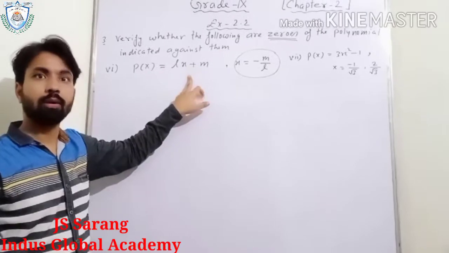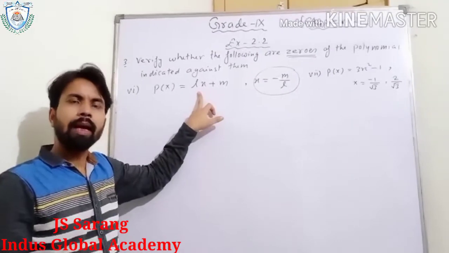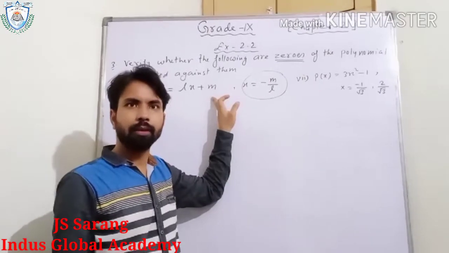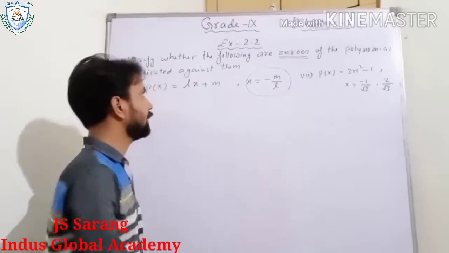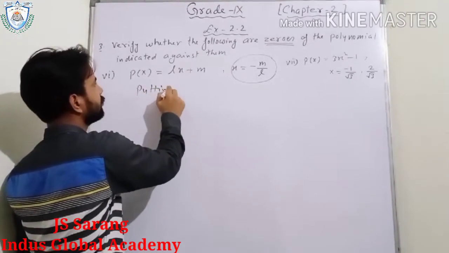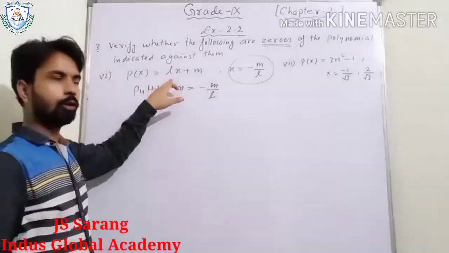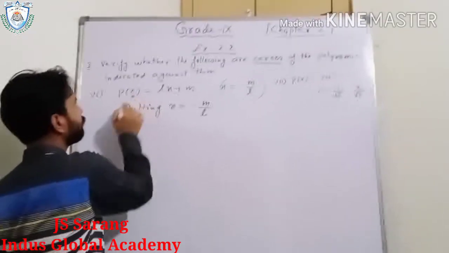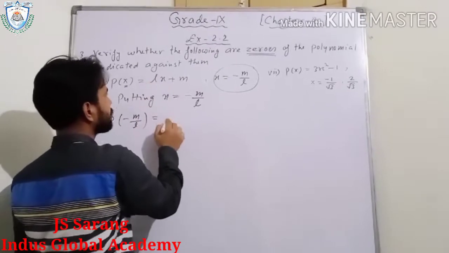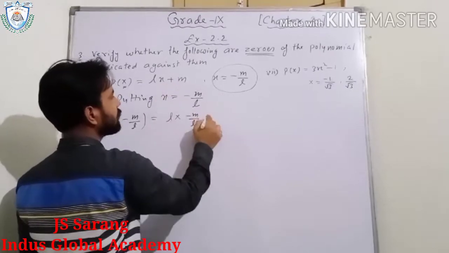Understood? What is the question saying? The question is saying you have to check whether x equal to minus m upon l is the zero of this polynomial or not. So I told you what a zero is. If we put this value in the polynomial and the value of the polynomial is zero, then we can say that this is the zero of this polynomial. Clear? So let's check. What will we have to do? Putting x equal to minus m upon l in the given polynomial. So p in place of x we will put minus m upon l, equal to l into x, where x is minus m upon l, plus m.